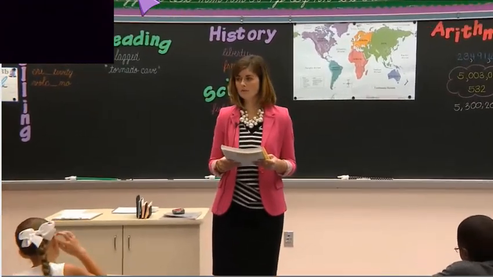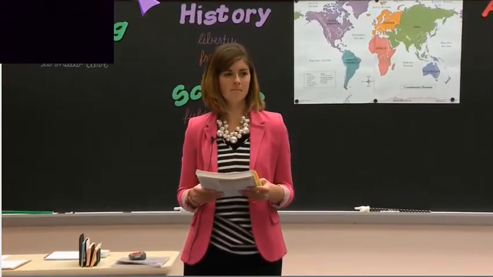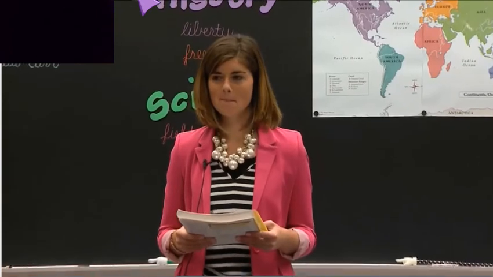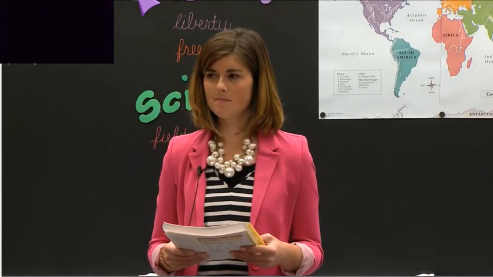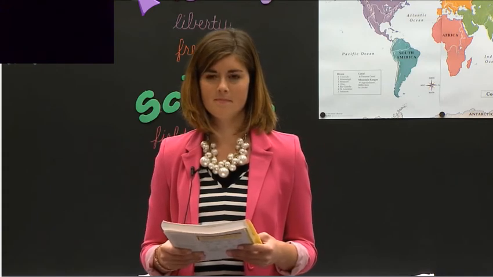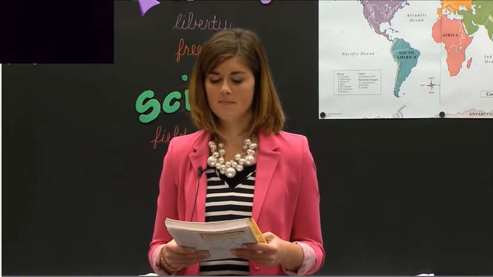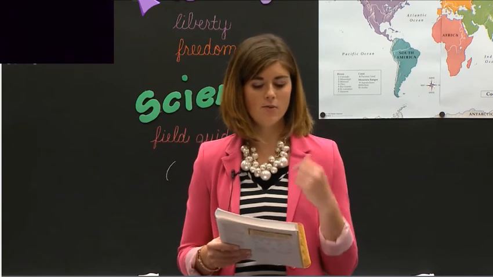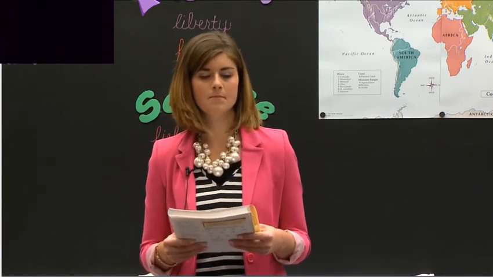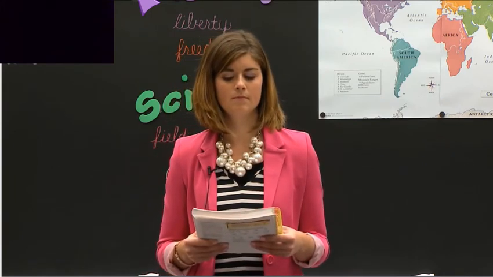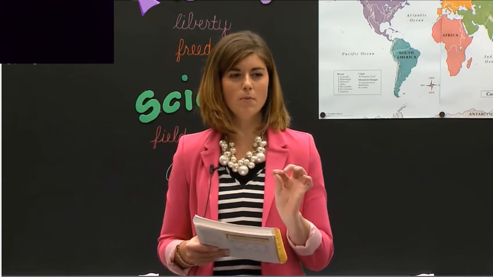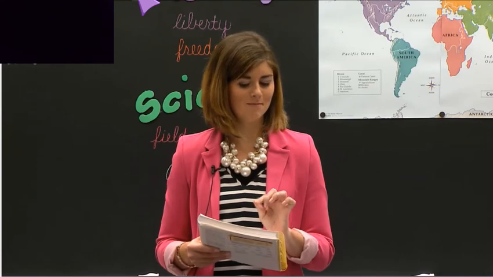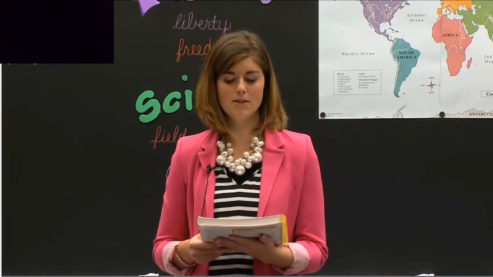Letter B says 291,104,000. Write it down. Nathan, read off your number nice and loud. 29, comma, 104, comma, 000. You were almost right. It was 291, comma, 104, comma, 000.